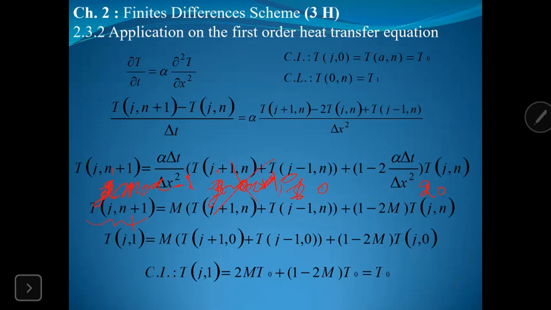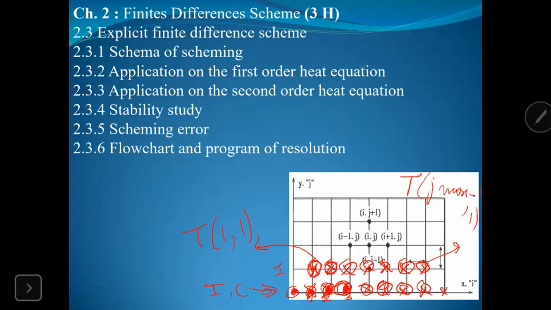In this case, I have J max here, J max minus 2 here, J max minus 2 here, and J max here. مفهوم? Then from these 3 points, J max minus 1, J max minus 2, 0, I determine J max minus 1, 1. Then, تبقوا منيح.